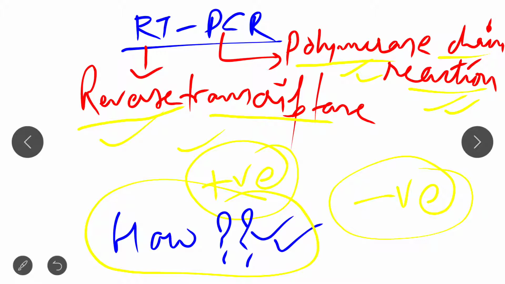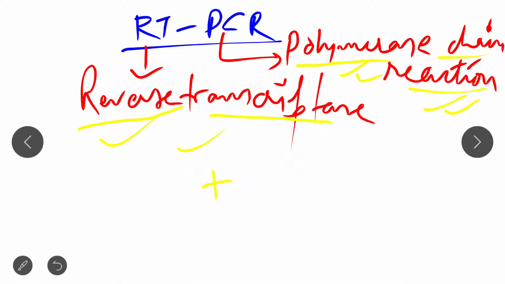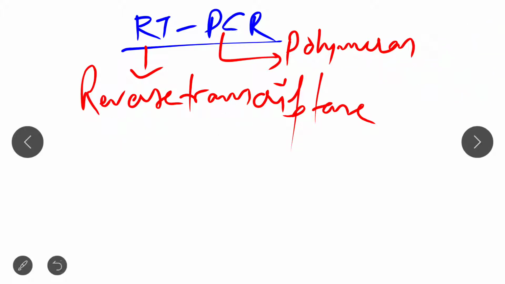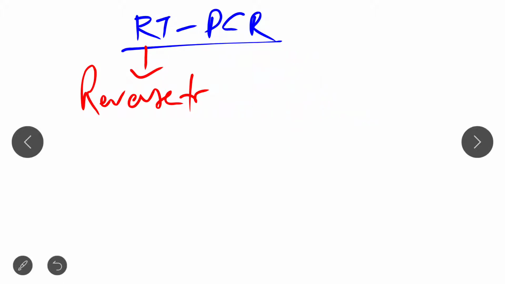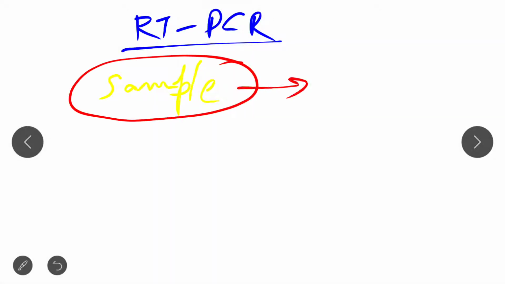So let's start. First of all, before testing we have to collect the sample. Testing is just like an experiment where we need a sample. We collect this sample from a particular person who is a suspect.